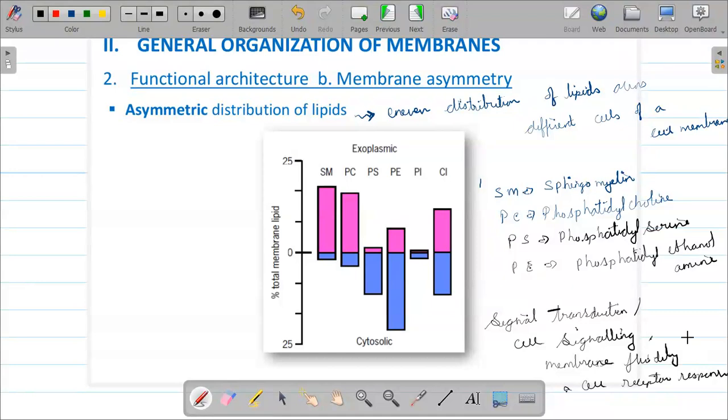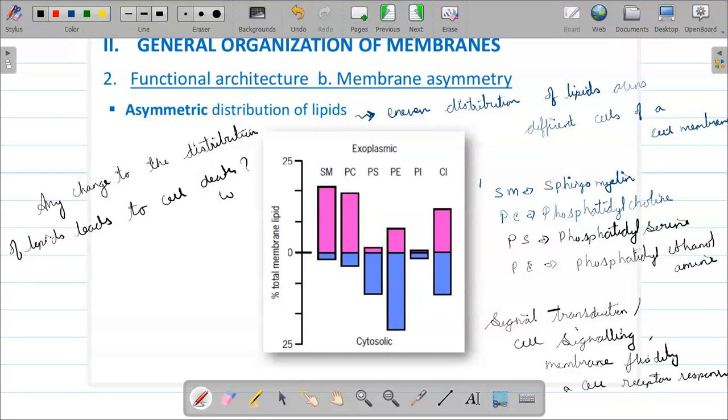At the same time, any change in the composition of these lipids can lead to cell death. Any change to the distribution of lipids leads to cell death. Why?